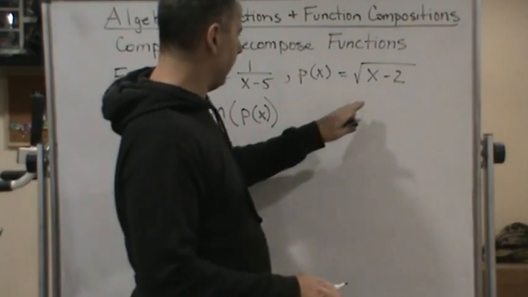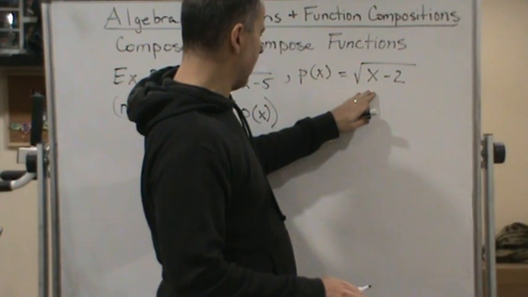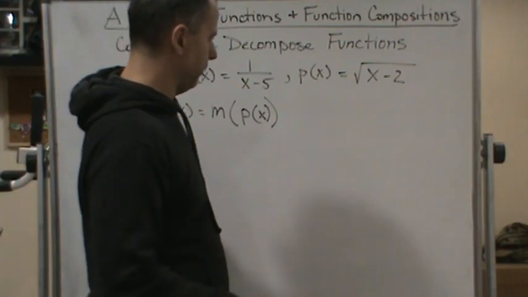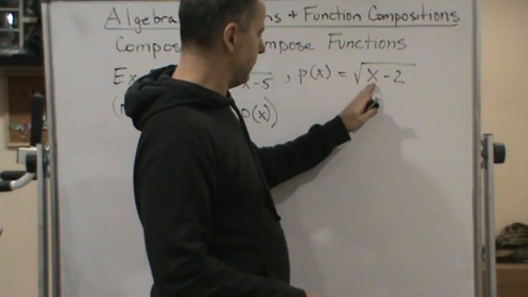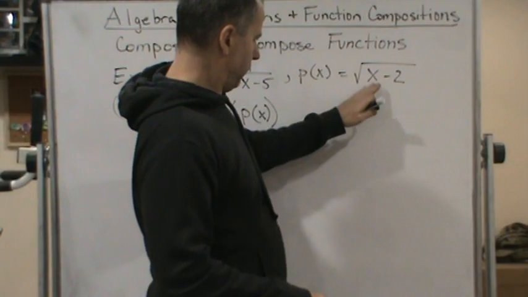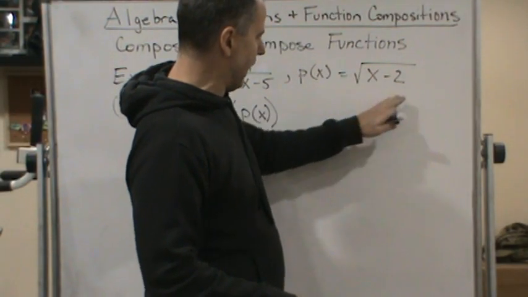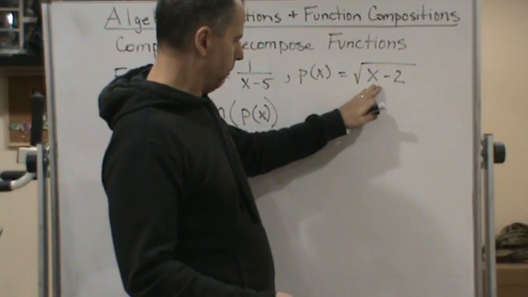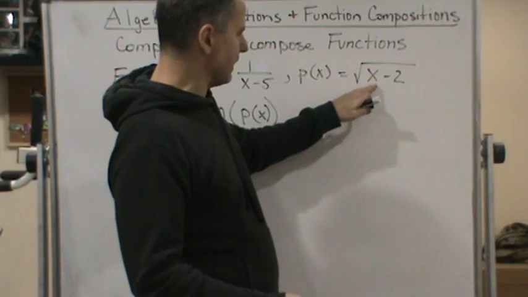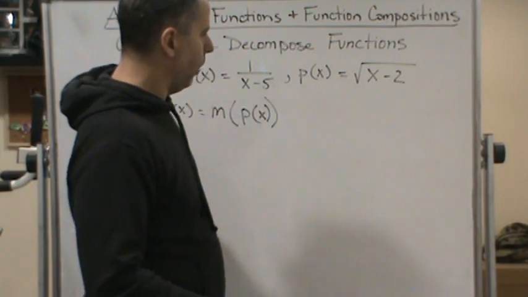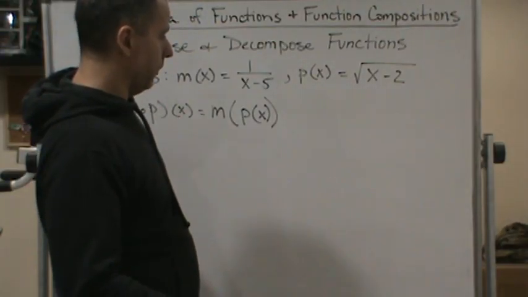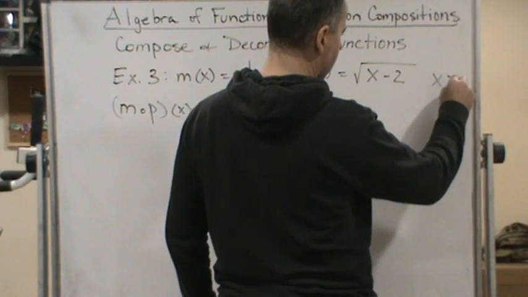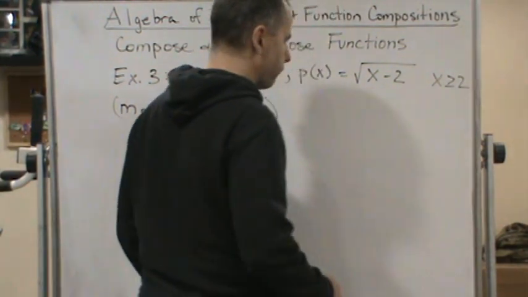Now here, p of x is restricted by saying it can only be positive values, or not negative, I should say. So anything 0 and positive is fine here. This means that the radicand here can have a value of 0 or greater, and so that means x can be 2 or more. So the domain of p of x is x greater than or equal to 2.